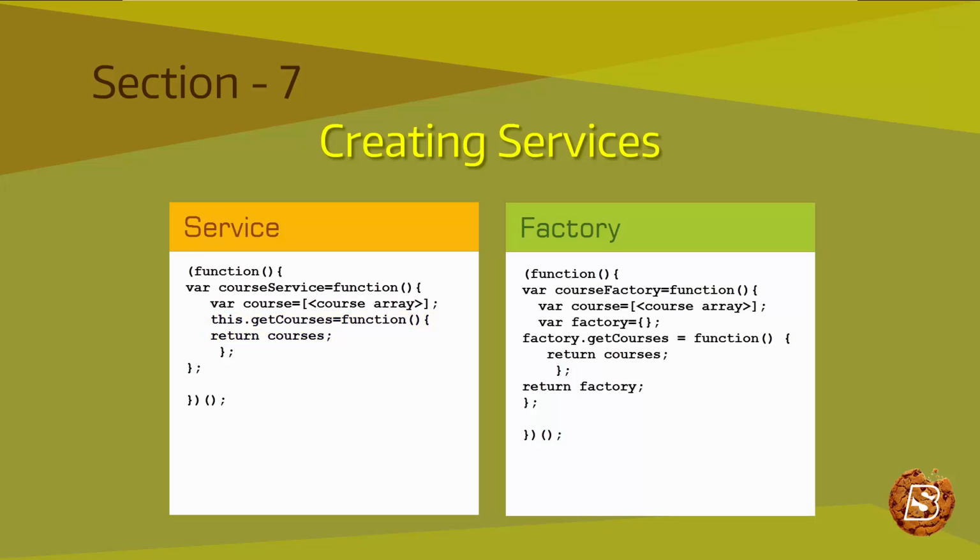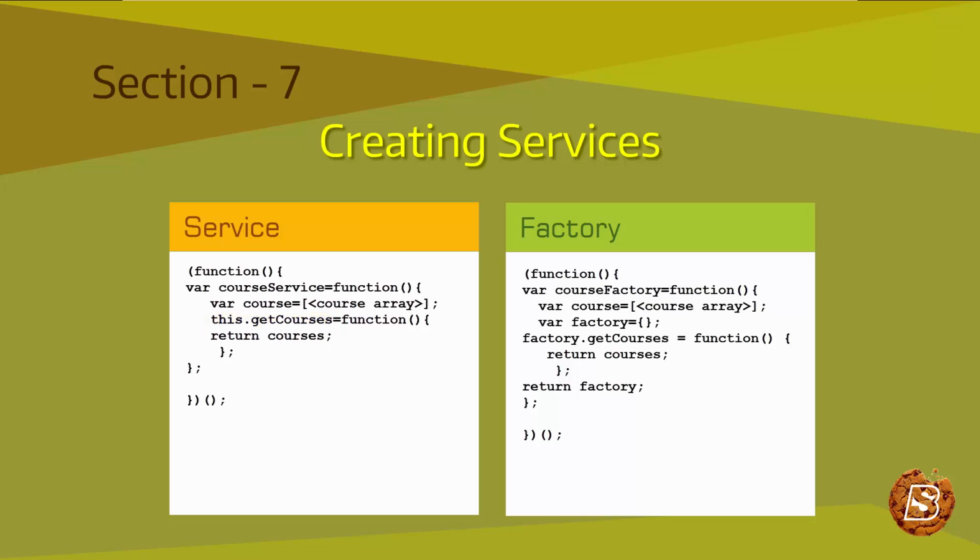Now, why we are using this is because whenever this function is used, it will be instantiated as a singleton object, and that is the reason why the this keyword is used, because this itself is the object, and using that object we'll be able to access the getCourses method.